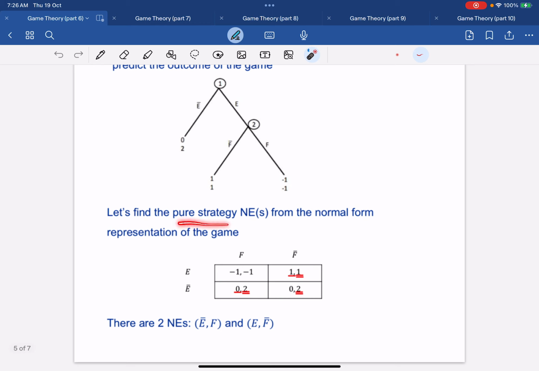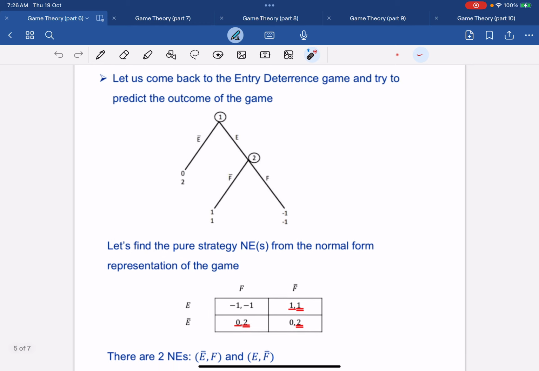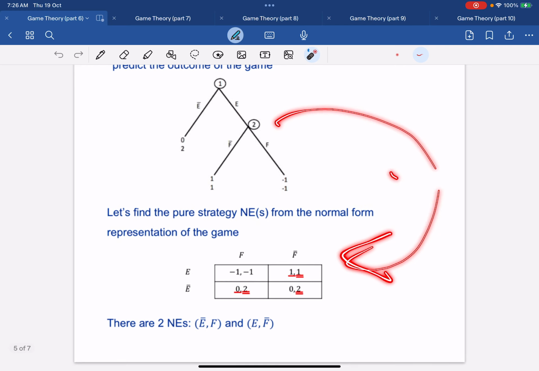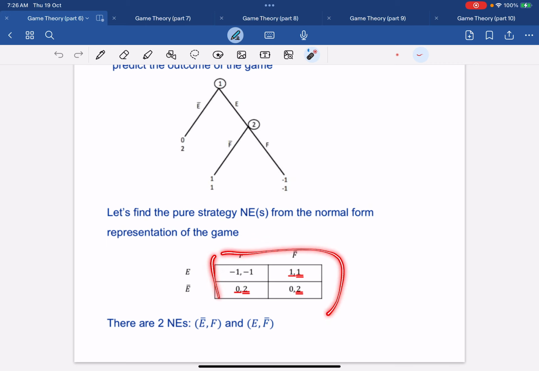So if we find the pure strategy Nash equilibrium from the normal-form representation, we can convert this sequential game from extensive form to normal-form representation, and we see that this is the bimatrix. Right, so we've got enter, fight, enter, don't fight, don't enter, fight, don't enter, don't fight.